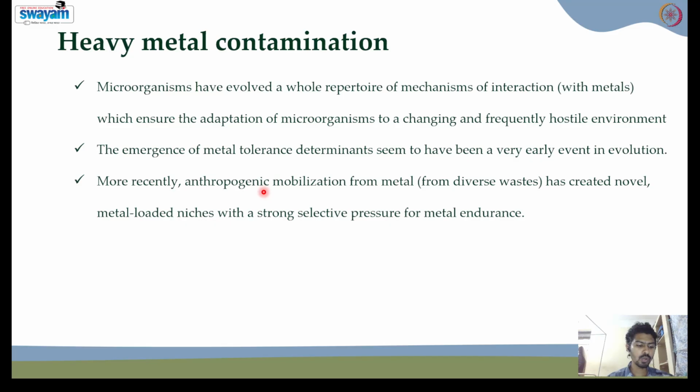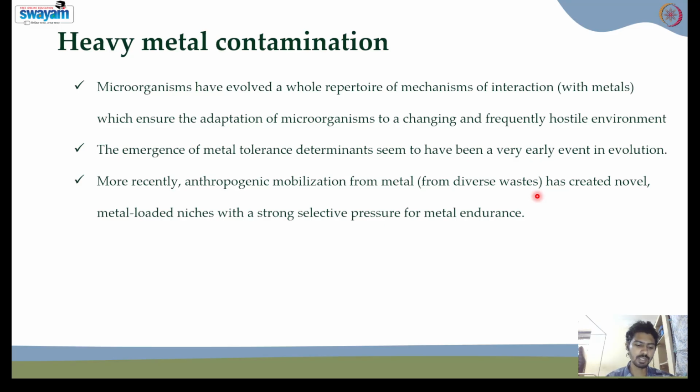But due to a lot of human activities observed in mining, industrial waste or improper disposal of batteries, what happens? They release a lot of heavy metals into the environment, which created a metal-loaded environment. So during evolution, some microorganisms adapted and some died.